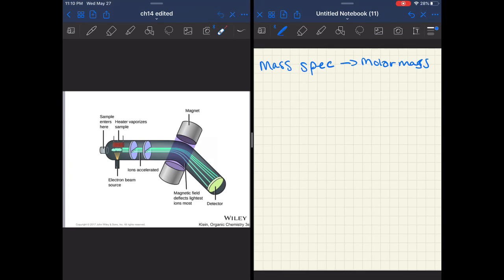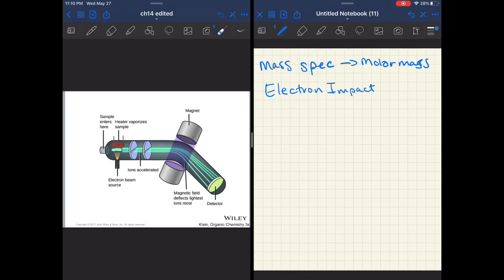So for this to work, your sample needs to be in the gas phase. So there will be some sort of heating element at the inlet that will vaporize your sample. And then ionization. Electron impact is the most common, and that is what we're going to talk about here.